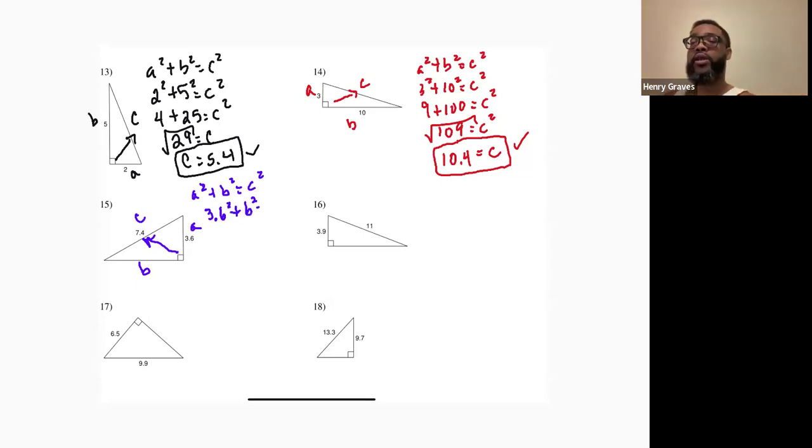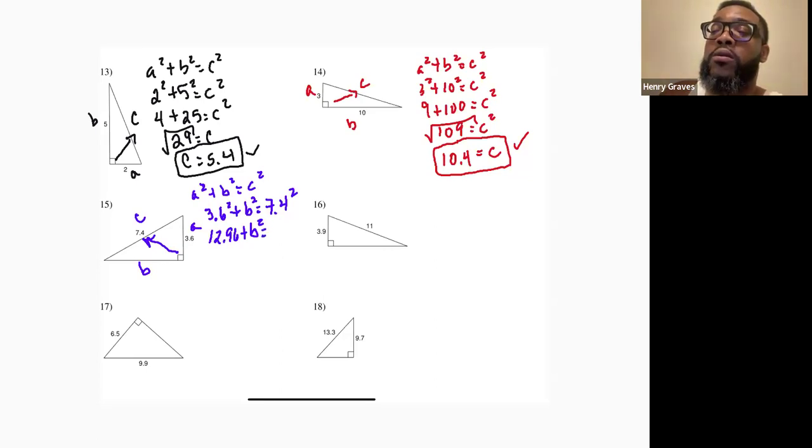I got my calculator. 3.6 to the second power is going to be 12.96. I'm going to do 7.4 to the second power. It's 54.76. Now here's where we have to do things different. On the other ones, on 13 and 14, see how I added A and B, right?